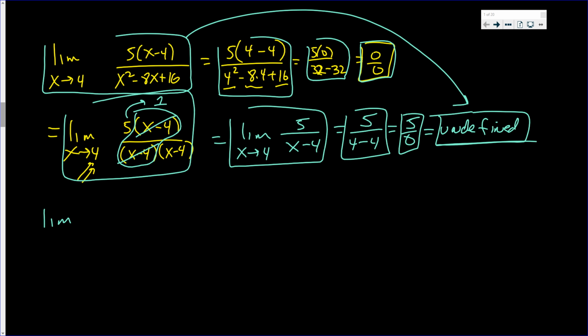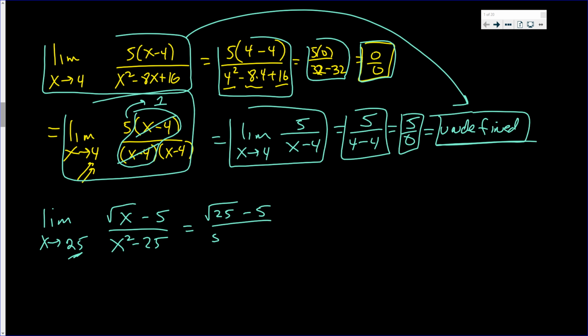Now, suppose we have this limit. The limit as x goes to 25 of (the square root of x minus 5) over (x minus 25). So you get the square root of 25, minus 5, over 25 minus 25.